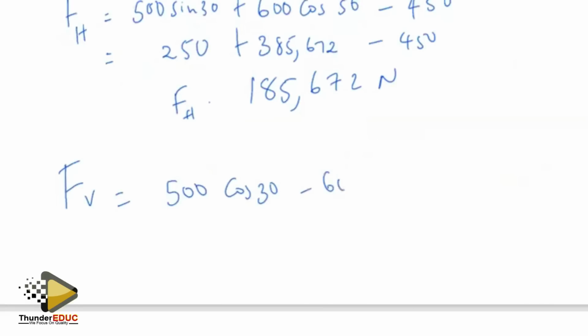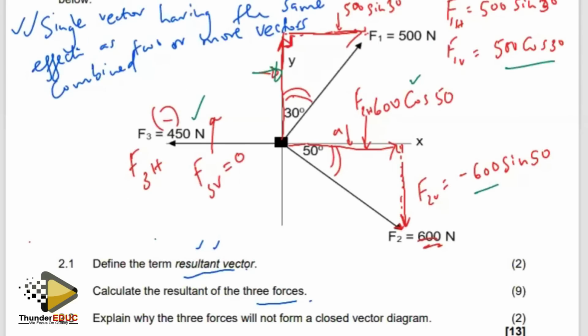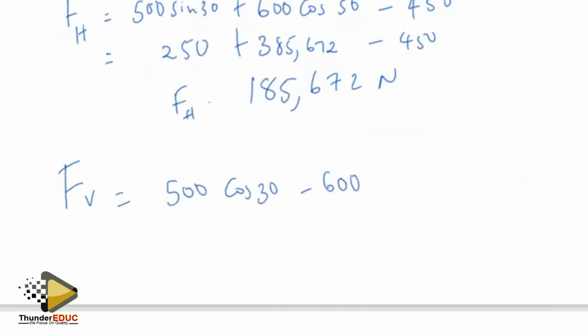So minus 600, is it sine? 600 sine of 50. Okay, then when I simplify this, 500 cos of 30 is going to give me 433.013.